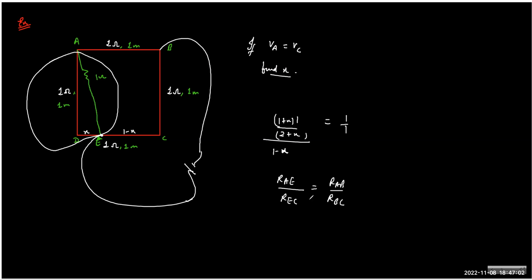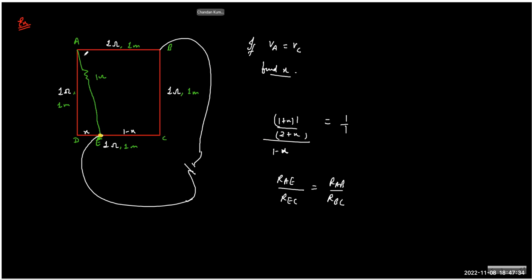How many of you are able to realize this? How many of you are not able to realize this? Sir, can you explain? I did not get it. Okay. If you are at E, then resistance will divide on this side and this side. So from here to the C point, what is the resistance? 1 minus x.